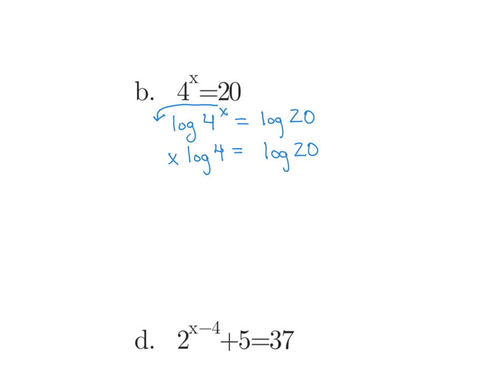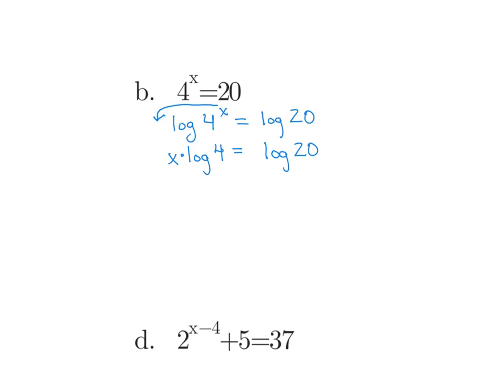And we get x times log of 4 equals log of 20. Now I know that we are new to logarithms, but one thing to keep in mind is when you see something like log of 4, log of 20, these are ultimately just numbers. So if you have x times a number equals another number, how do you get x by itself?